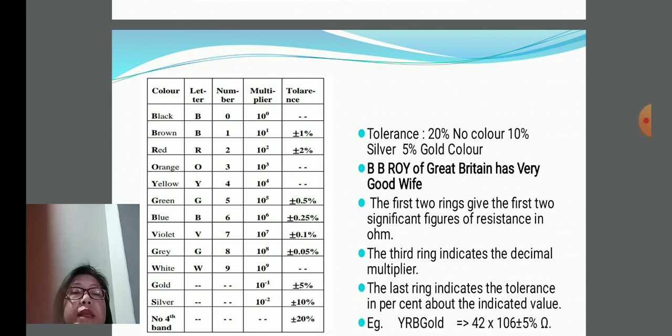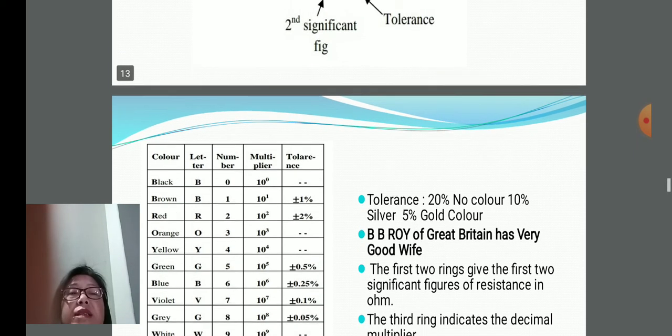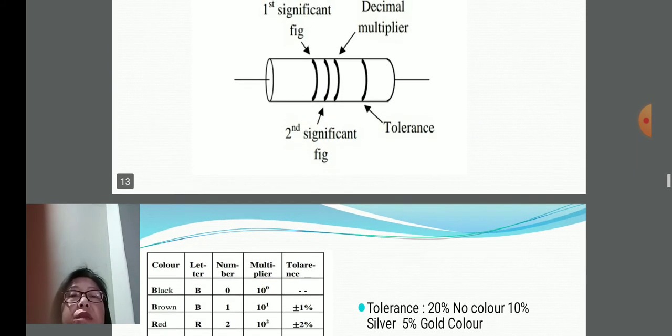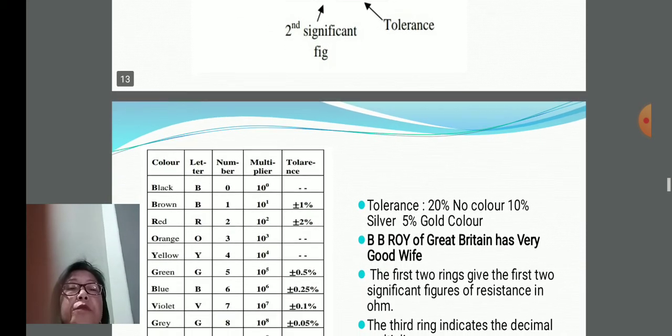What does this mean? Y stands for yellow. And what is the value indicated? Look at the chart carefully. The number allotted to yellow is 4. Then the second ring is red. The second significant figure comes out to be red.